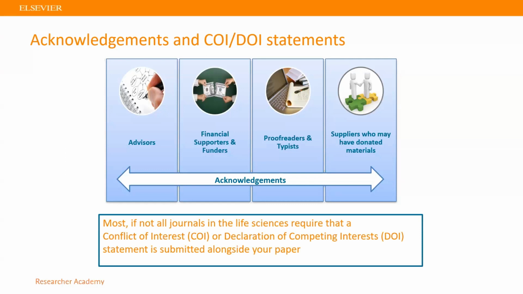Most acknowledgments also come with a conflict of interest statement or competing interest statement, that you should submit alongside your paper to make sure that that's also clear to the editor.